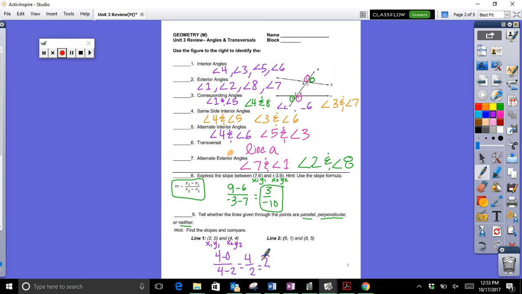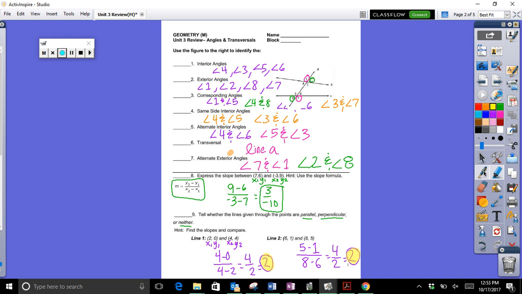So the slope of that line is 2. Then we do our other line, line 2, the same exact thing. I'm going to do 5 minus 1 on top, and then 8 minus 6 on the bottom. That would be 4 over 2, which equals 2. So the slope for each of those lines is 2.